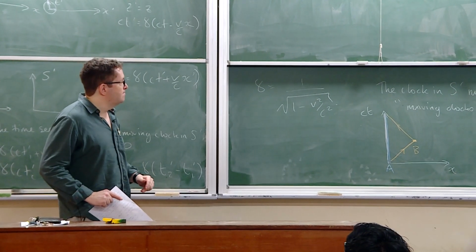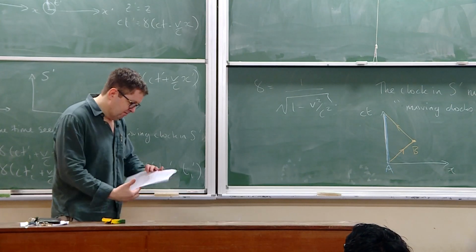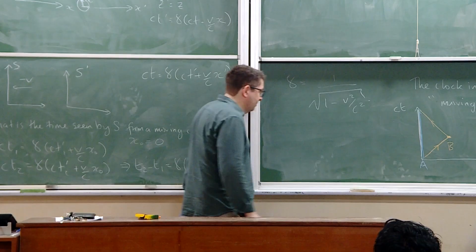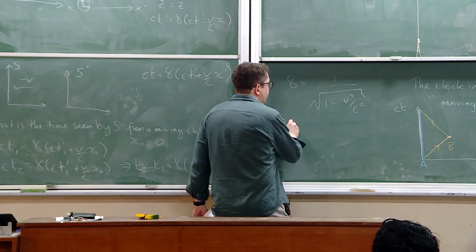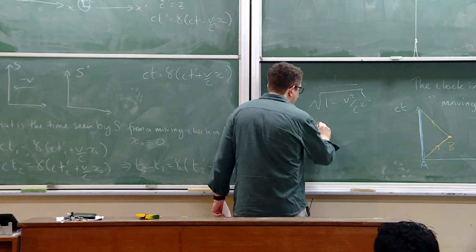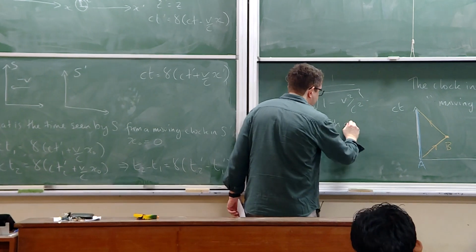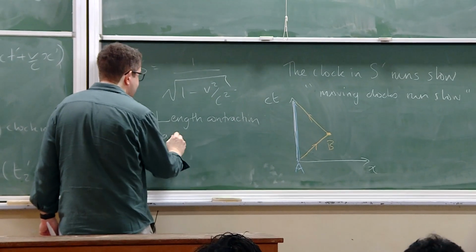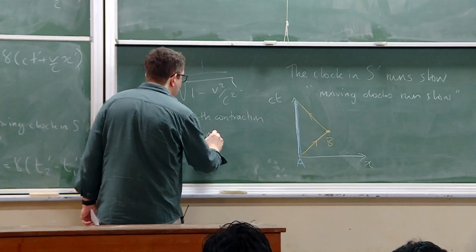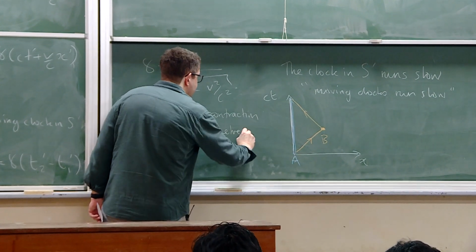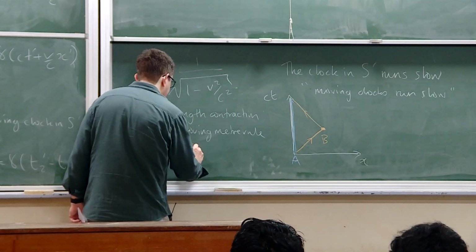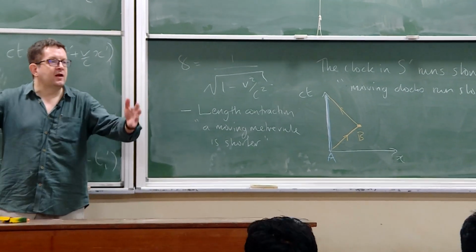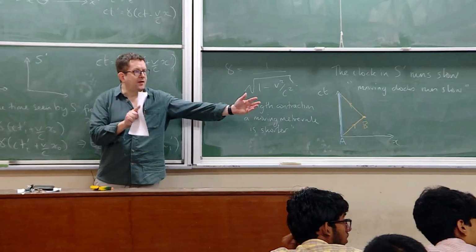So, yeah, that's one famous result from relativity. There are others, which I'm just going to mention because I want to talk about particle physics as well. The one that comes with this is length contraction. A moving stick is shorter, or a moving meter rule, I should say. Here, you make your measurements at the same time, and then you look in the moving frame.